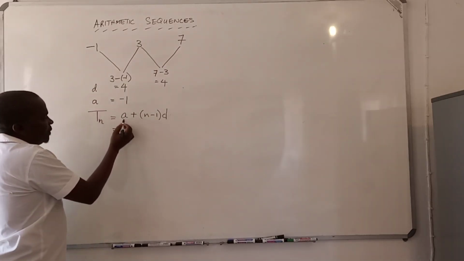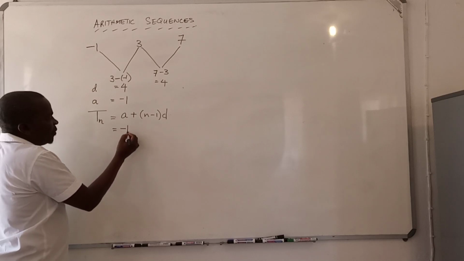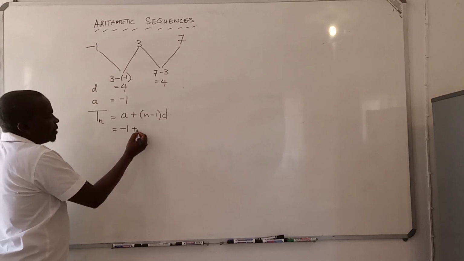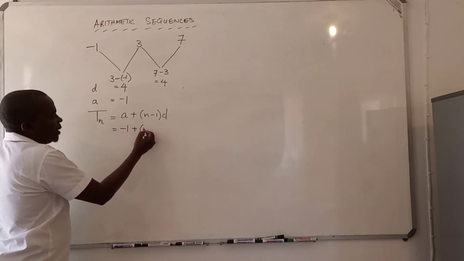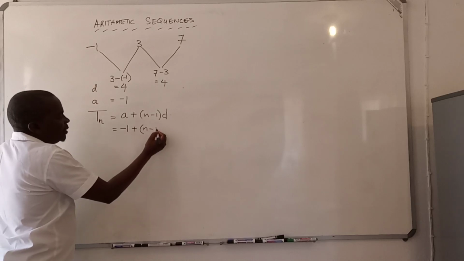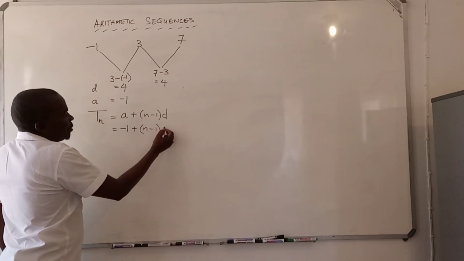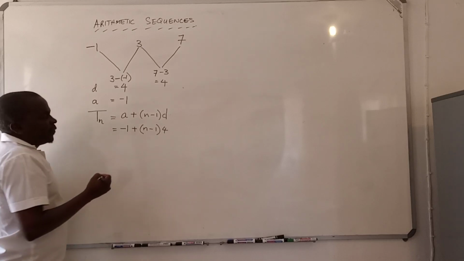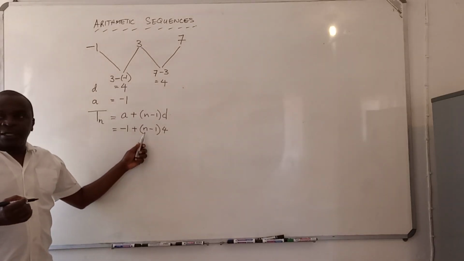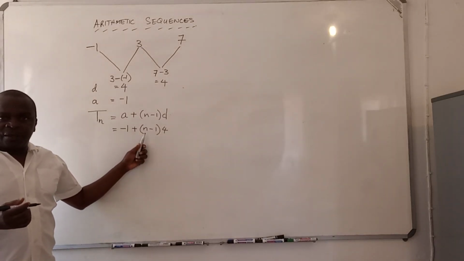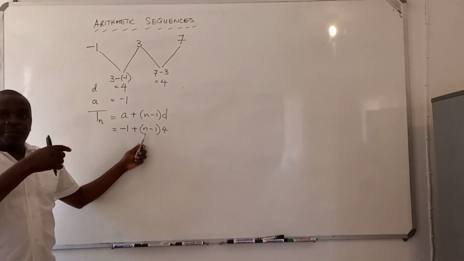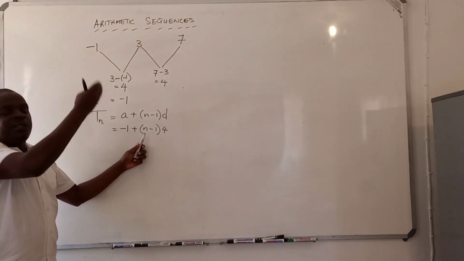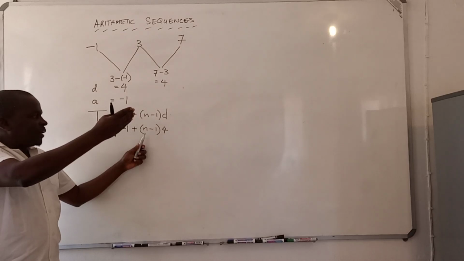What is A? A is negative 1 plus, open bracket, n minus 1 multiplied by common difference, which is 4. Here we are not substituting n because for us to be able to calculate the different terms, we will simply substitute the position of the term that we want.